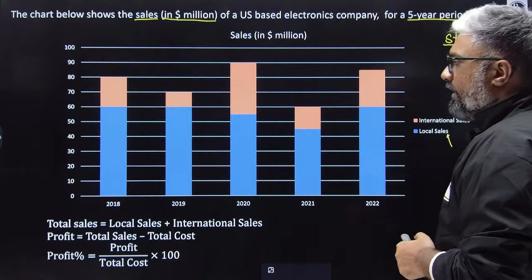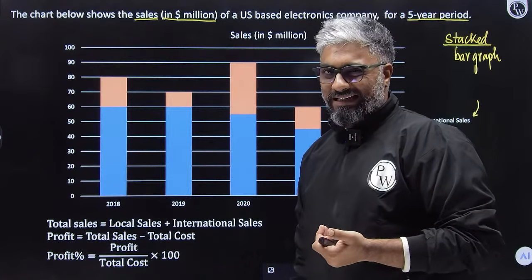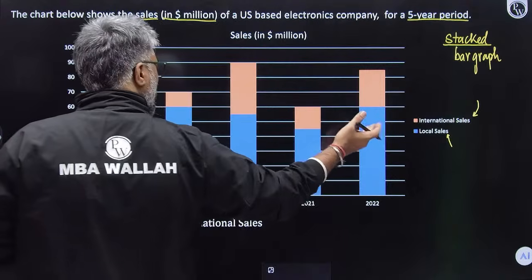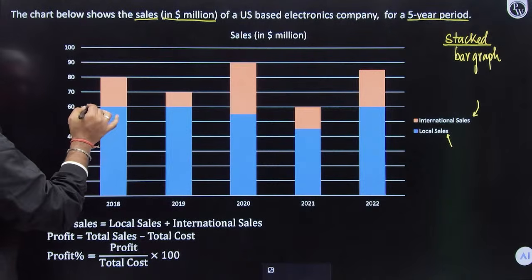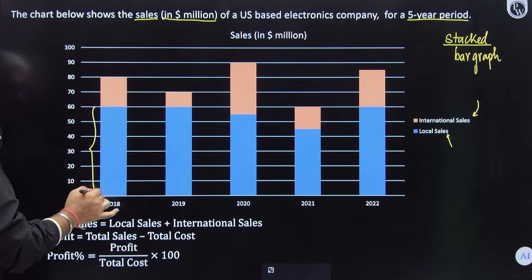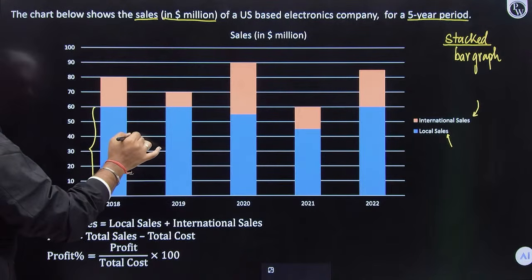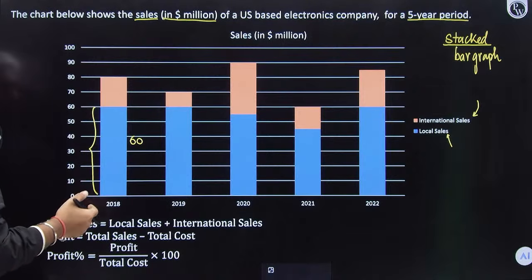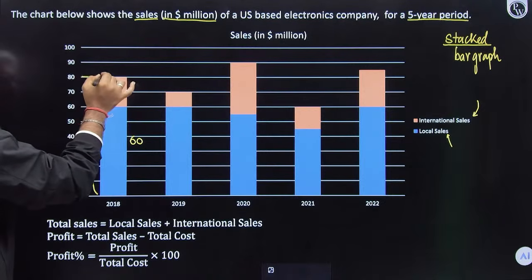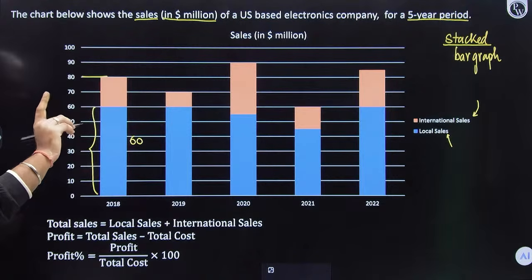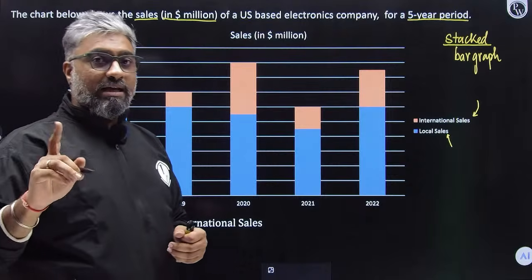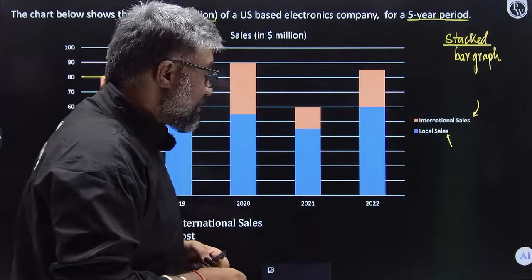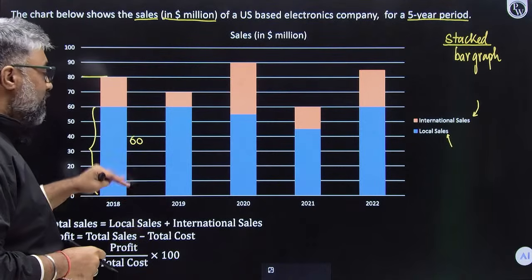All right. So if we were to pick up, say for 2018, blue is local sales. So local sales we know is 60. But what we would think is, okay, orange is going till here. So orange would be 80. No, that's wrong. 80 won't be the answer because 80 is if the bar had started from 0.